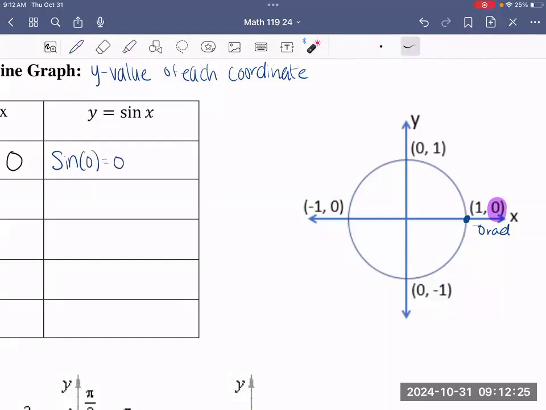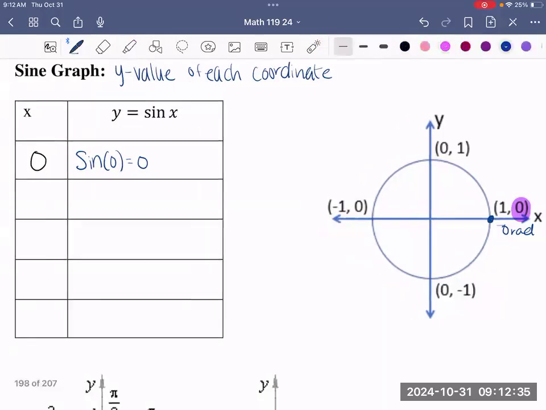Now, if we wanted to, we could plot all of these in between points, which we'll show you here in a little while. But let's plot our next most important point. So that would be up here at pi/2. So when we plug in a pi/2 into sine, what is your y coordinate that comes out?